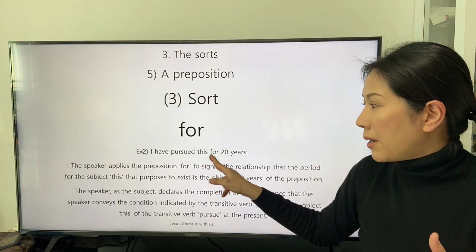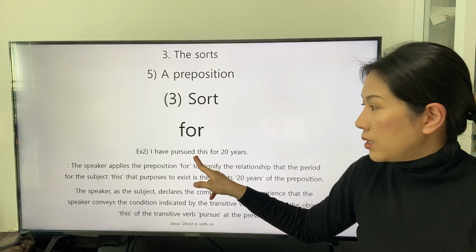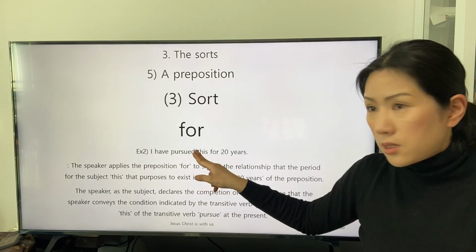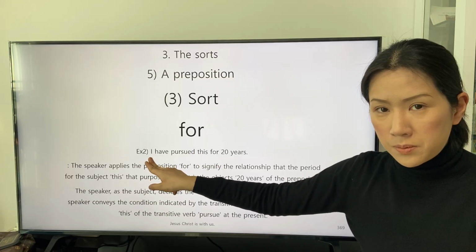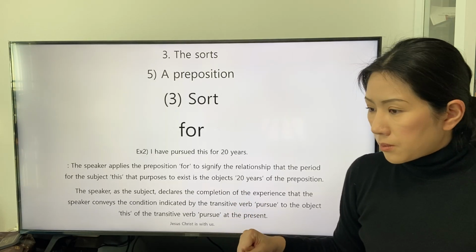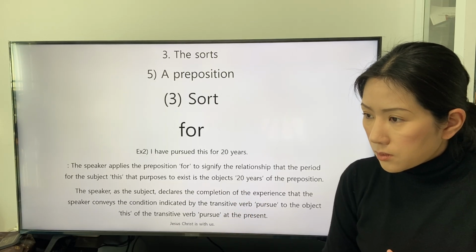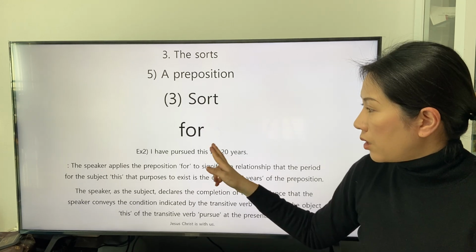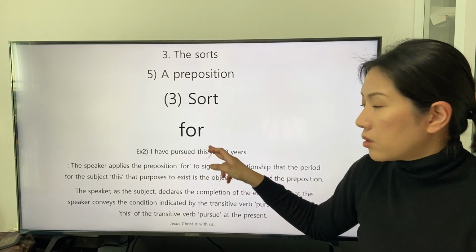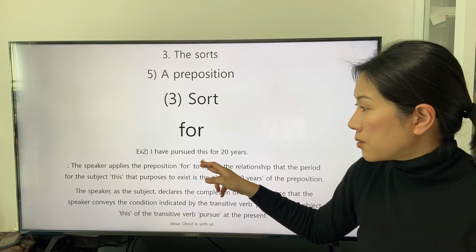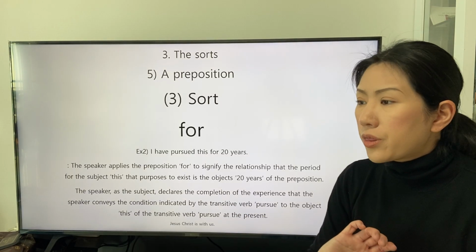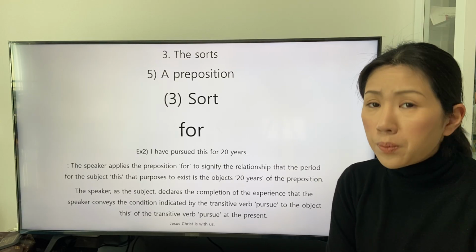The subject indicated by the indicative pronoun this exists during a period when the experience of the subject, who is the speaker, lasts. And the preposition for describes the subject of the preposition for, this, with revealing the purpose.